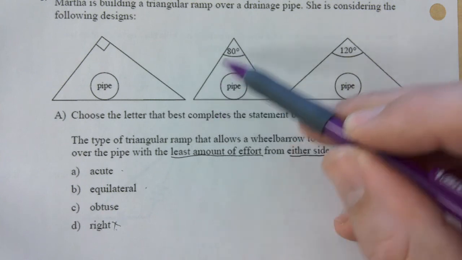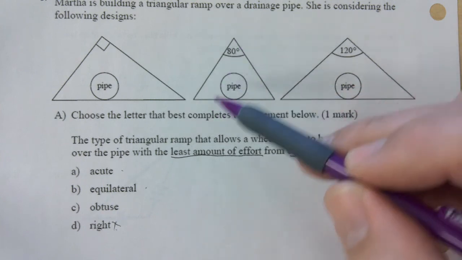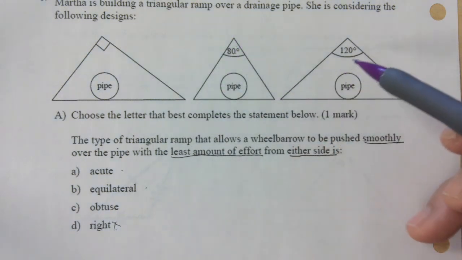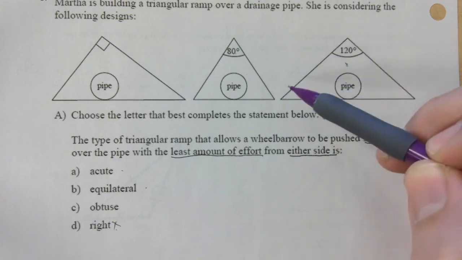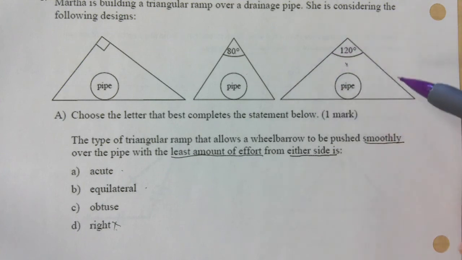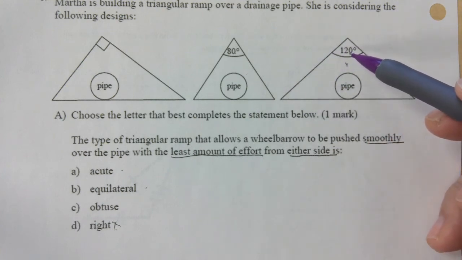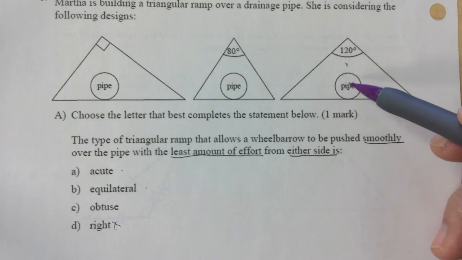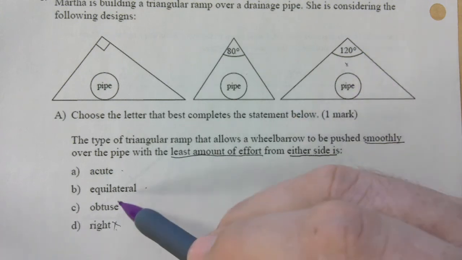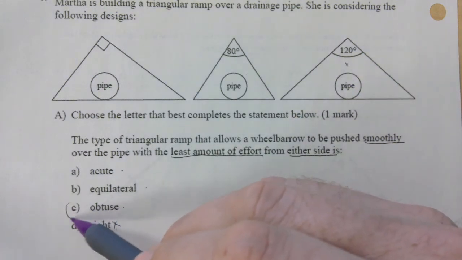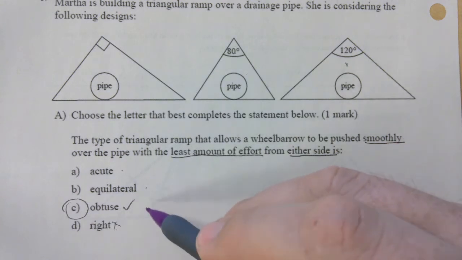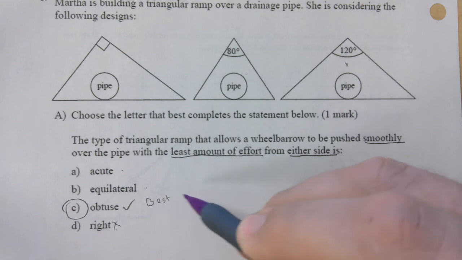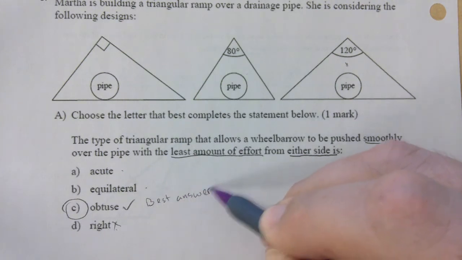This is definitely from both sides the same, but we would have to agree that this is the best one. It's the smoothest or the least effort from both sides because the bigger the top angle, the lower this is going to get, right? So it's the obtuse triangle that we're after. Okay? Best answer.